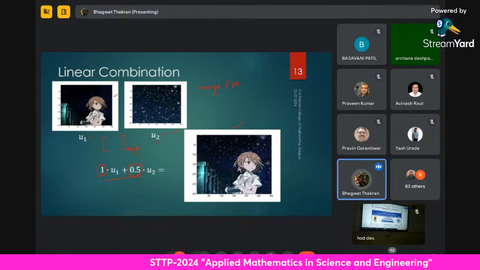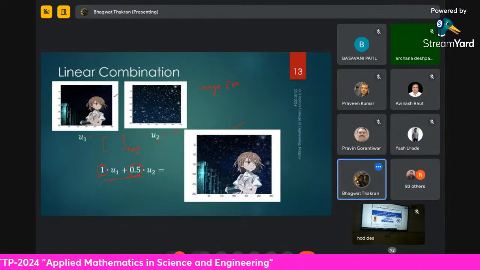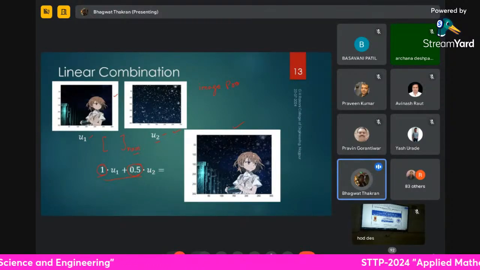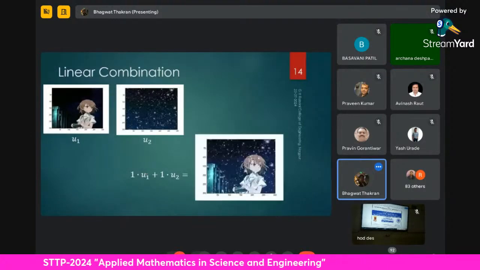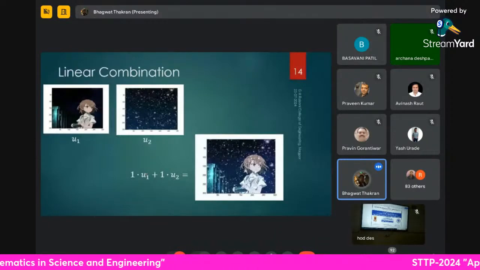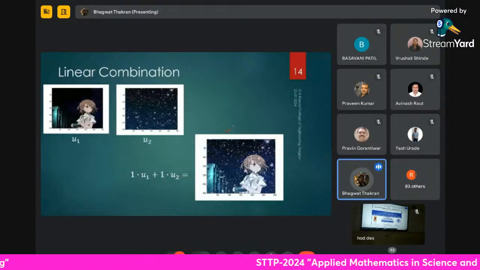So see, linear combination is a mixing of what we are taking. Now, if I change this intensity to 1, then see the result. This is the beauty of the linear combination.